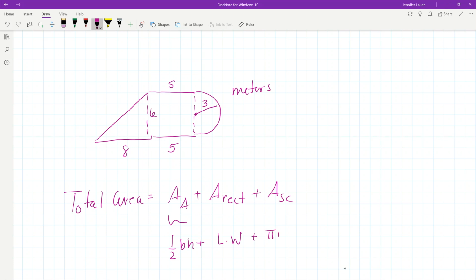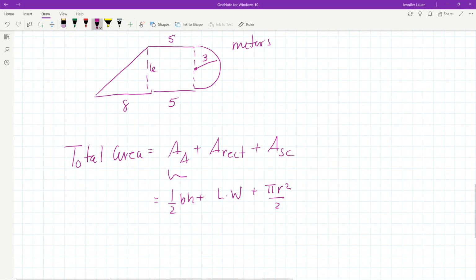Do you see how we're just making it into smaller parts to make things a little bit easier? So the base of the triangle is 8 and the height of the triangle is 6. The length of the rectangle is 6 and the width is 5. And the radius of the semicircle is 3.